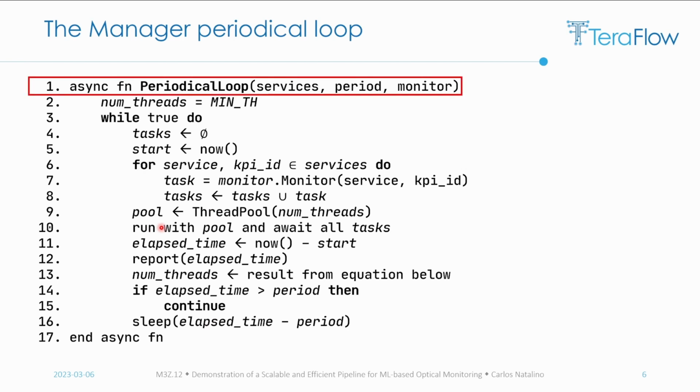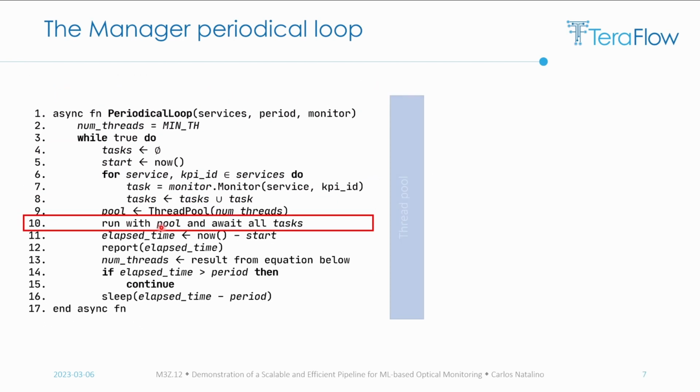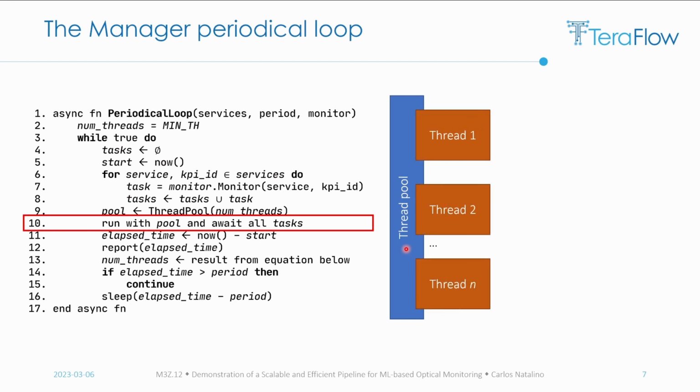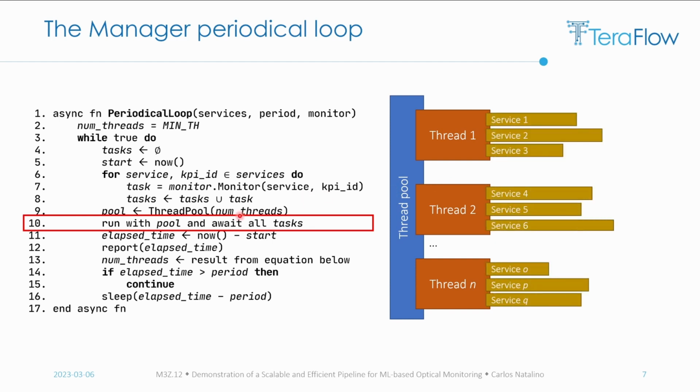This pool is executed in a very unique fashion, where we create a thread pool that has a number of threads, and each one of these threads will concurrently execute requests to the monitor. Each request will be specific to one given service, but they are done concurrently.